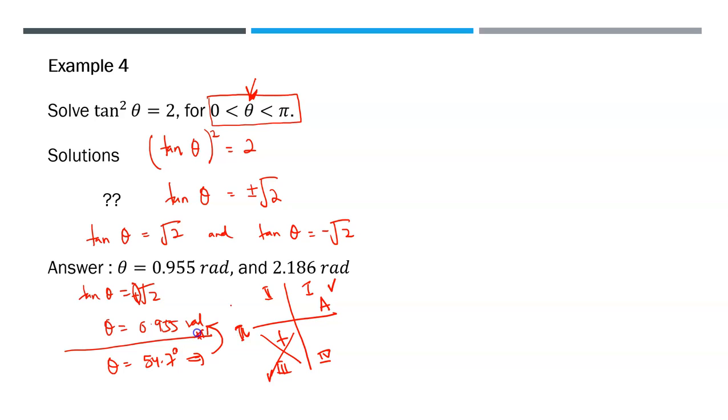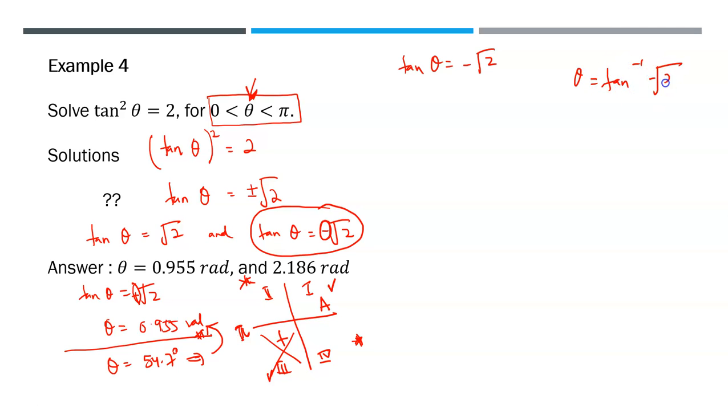Second one, you have to solve this case. The negative value here means your graph is in the second and fourth quadrant. When you substitute theta equals tangent inverse negative root 2 in your calculator, this will give you a negative answer, negative 0.9553.